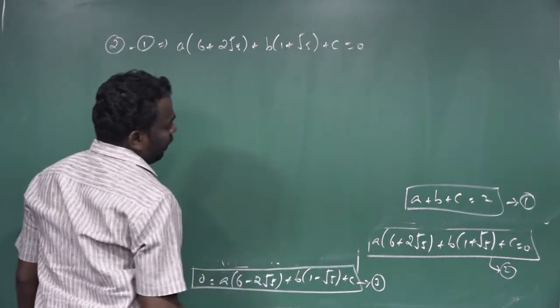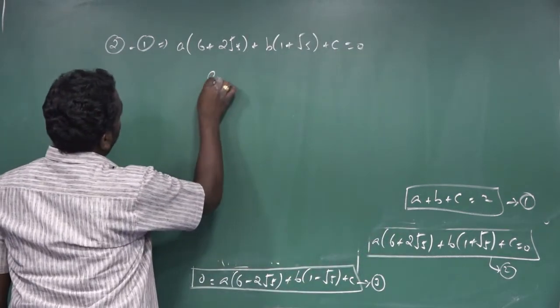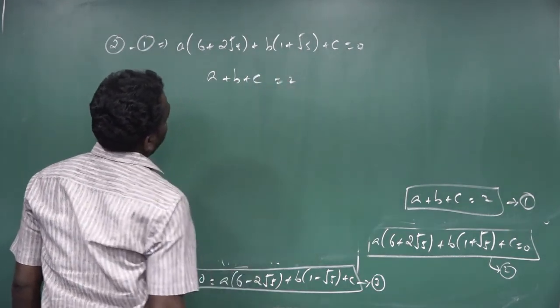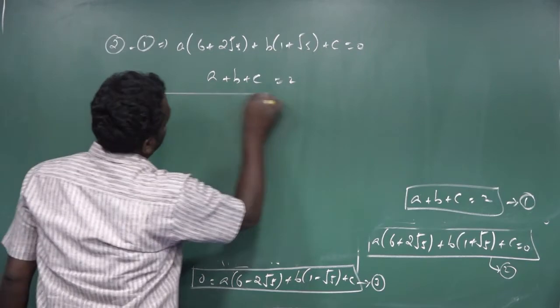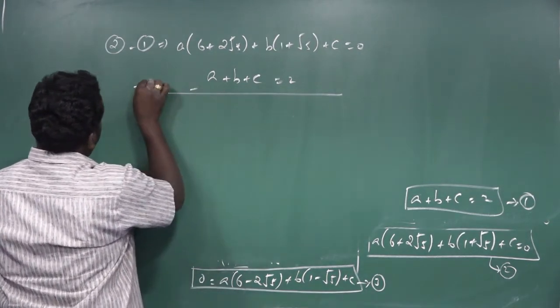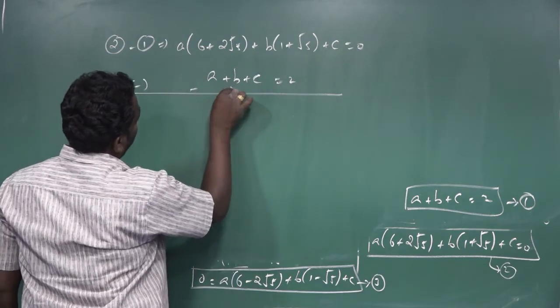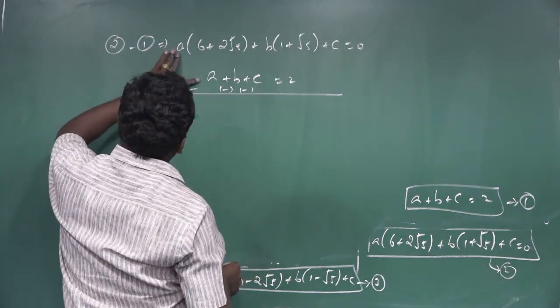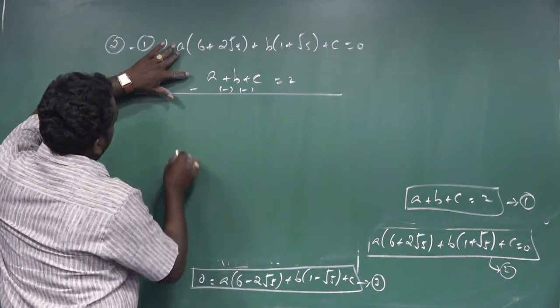First equation: a plus b plus c is equal to plus 2. Now we subtract, changing the signs. Therefore we subtract these two equations.